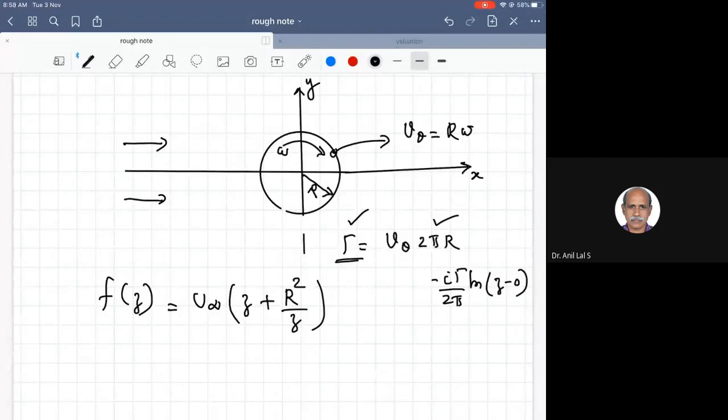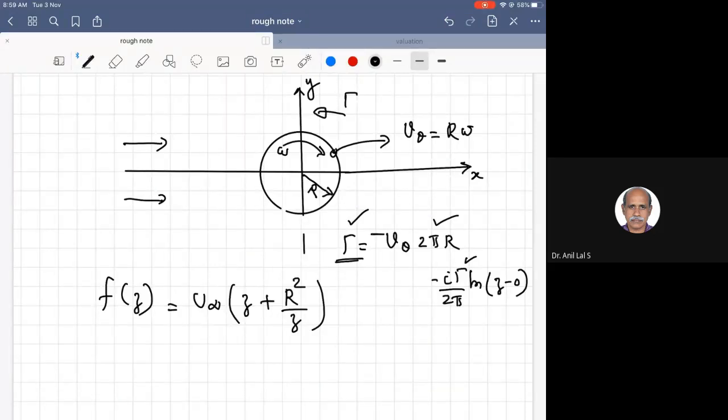In this particular case, this minus i gamma comes for a positive circulation, that is the anti-clockwise circulation. This is what is called a positive circulation. Whereas here we are introducing a circulation in the clockwise direction, so in this particular case gamma itself is negative.